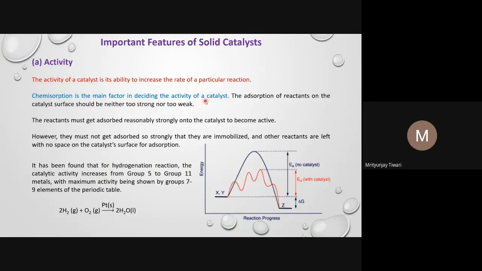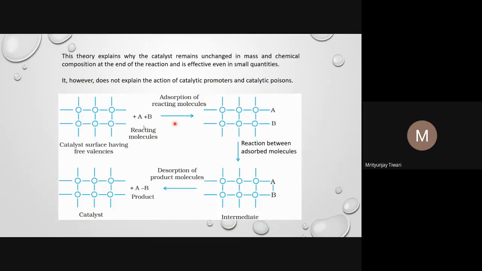Now, what is chemisorption? If you see this figure, initially chemisorption happens. These reactant molecules form a chemical bond with the catalyst, and with that, the bonds which have to be broken during a chemical process get activated in most cases when the reactants get adsorbed onto the solid catalyst.